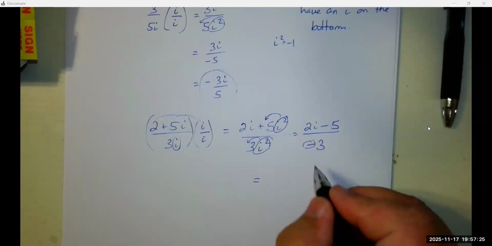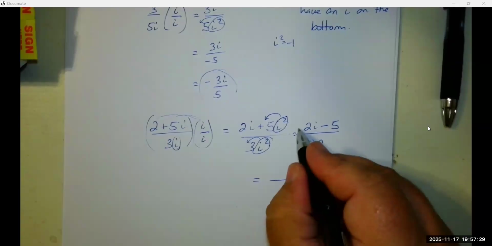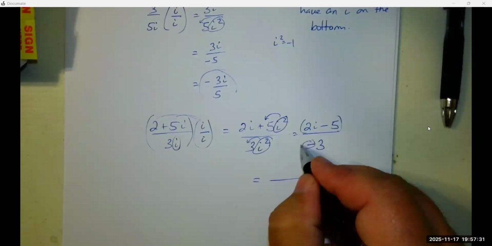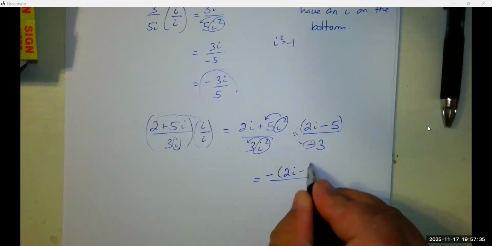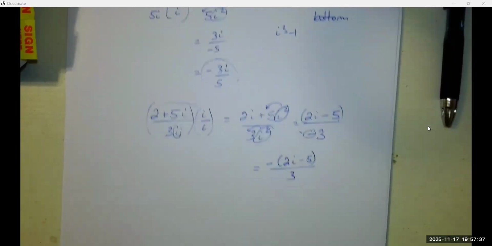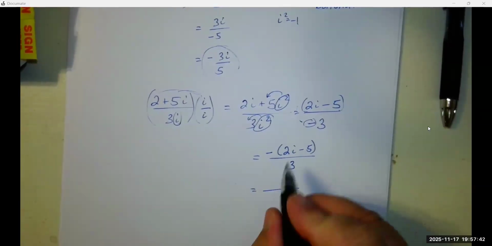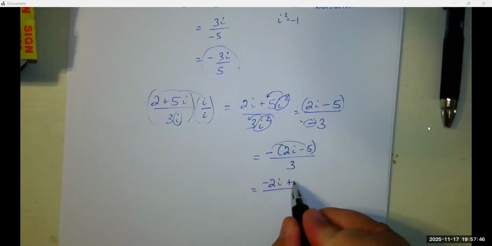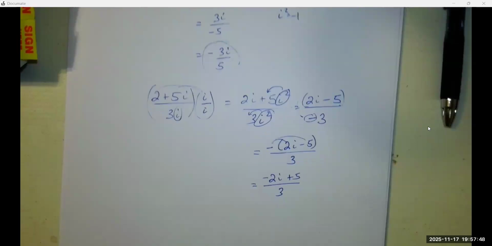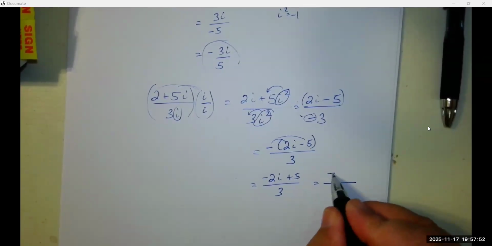You can't have a negative on the bottom, so it goes on top. It changes. So it becomes negative 2i plus 5, which becomes, putting it in correct order.